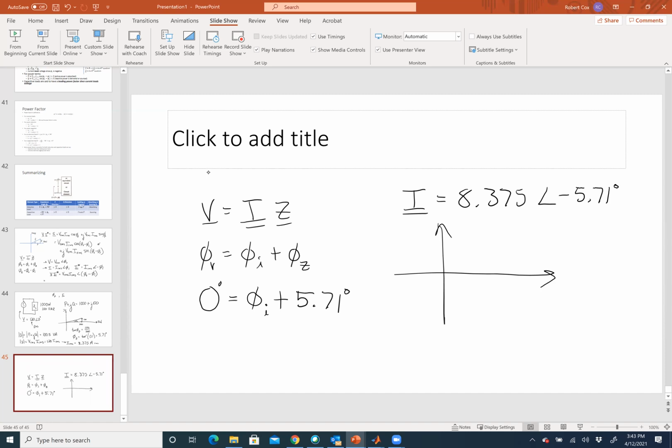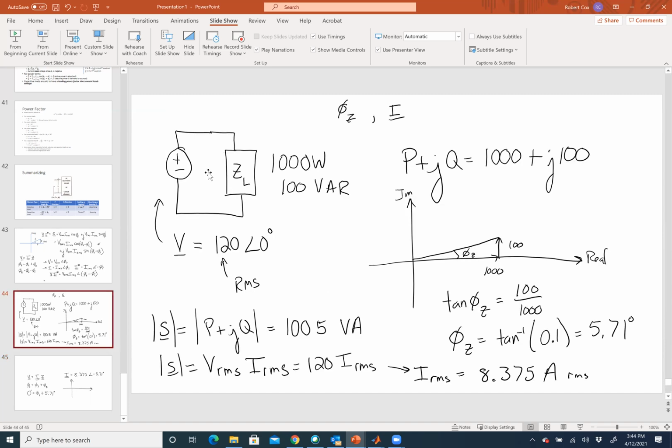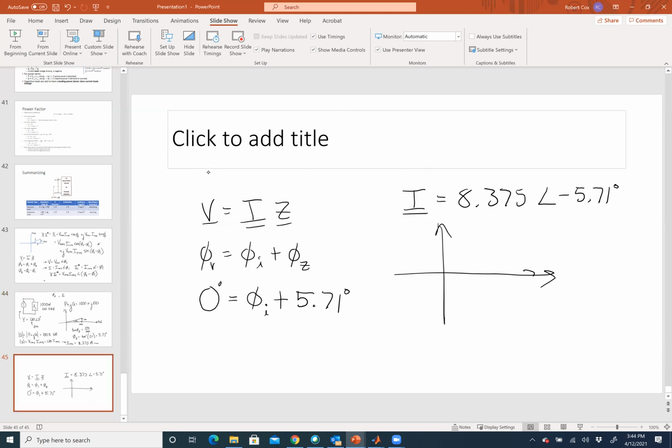Where is that in the complex plane? It'd be on the real axis. Yeah, and I think what you were talking about, Parker, is that I'd have something here for my current. Here's I, and here's V.